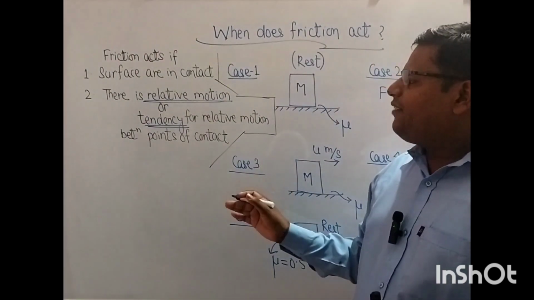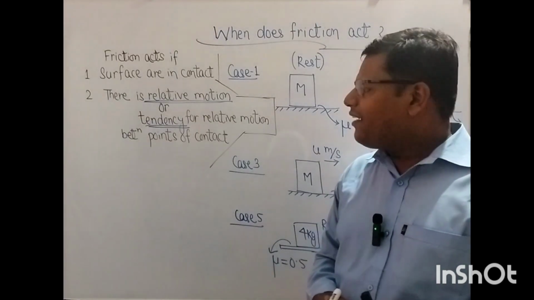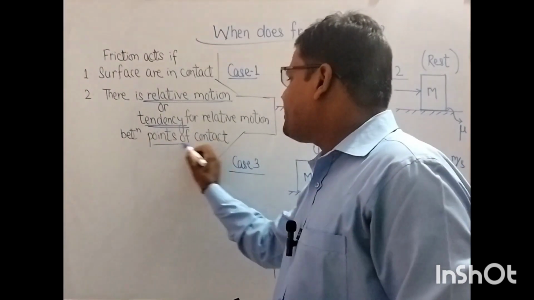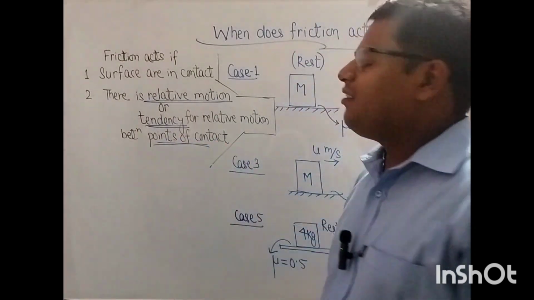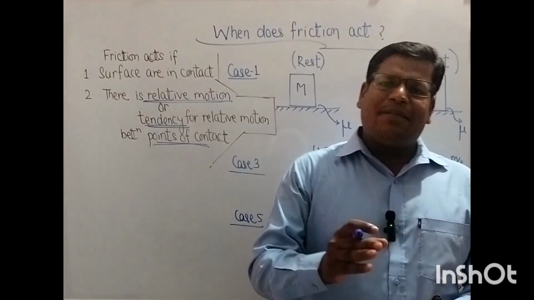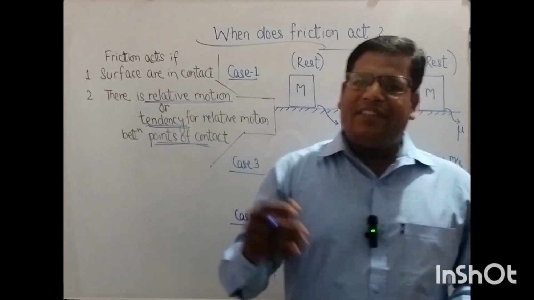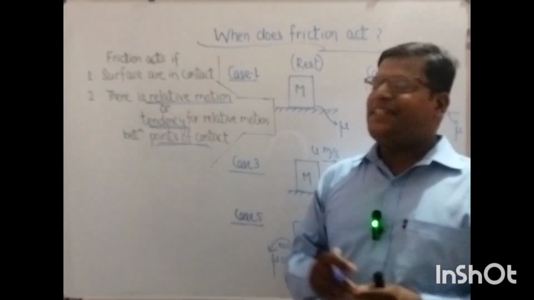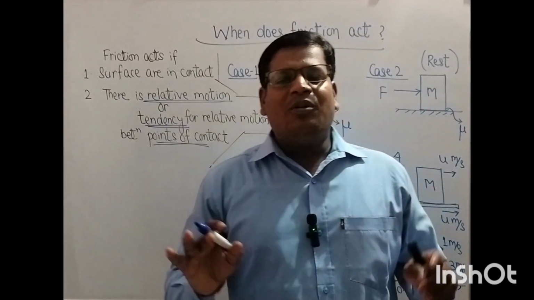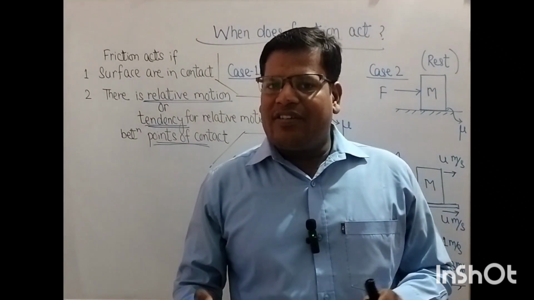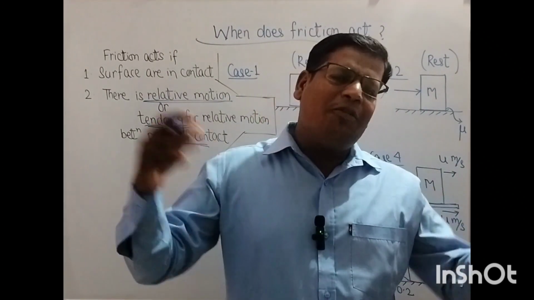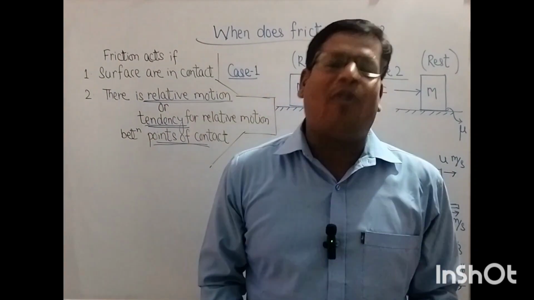And the third point to which I would like to draw your attention is between points of contact. So it is about relative motion, not about motion. Second, if there is no relative motion, then try to look for tendency for relative motion. Third, don't try to look for relative motion or tendency for relative motion between any two points or between the centers of the bodies.